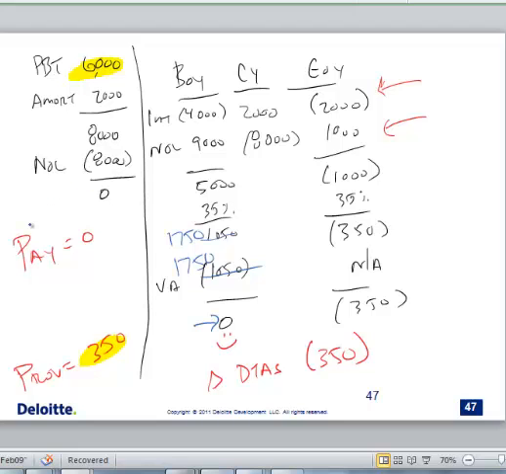So if we were doing a rate rec for this company, we would say PBT 6,000 at a 35% rate. We would expect a provision of 2,100, and we ended up with 350. Right?